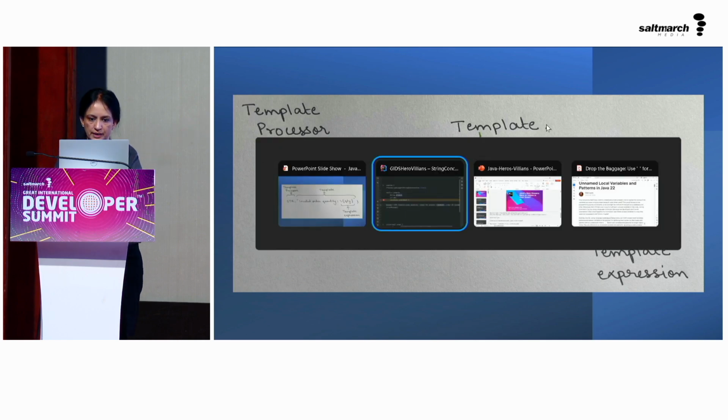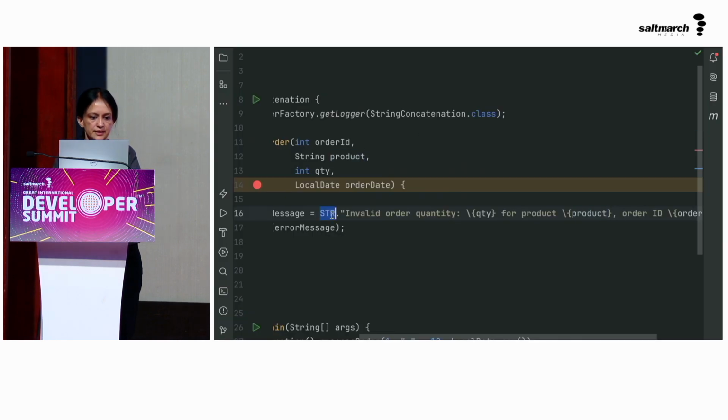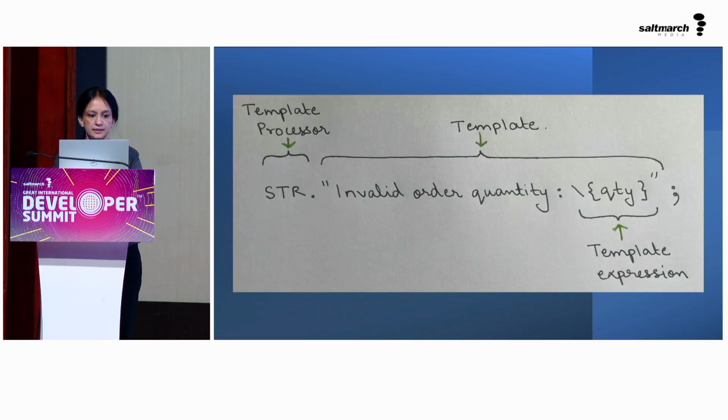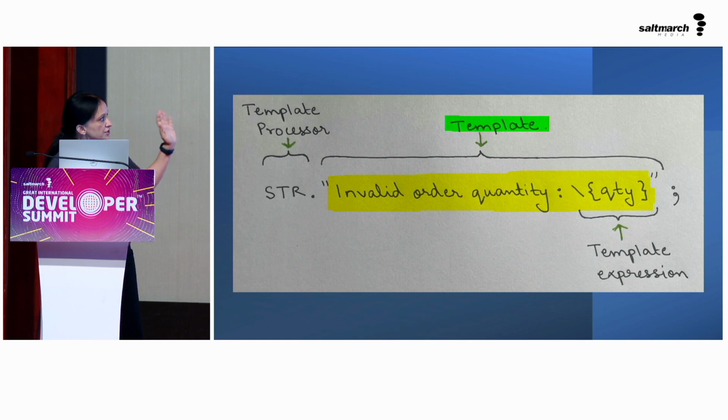If I go back to the IDE, you can see that this STR here is the name of the template processor. It is defined within the core Java API. And then we have the rest of the string, whether it's text blocks, which are multi-line strings, or the old regular string. Together, that is called a template.